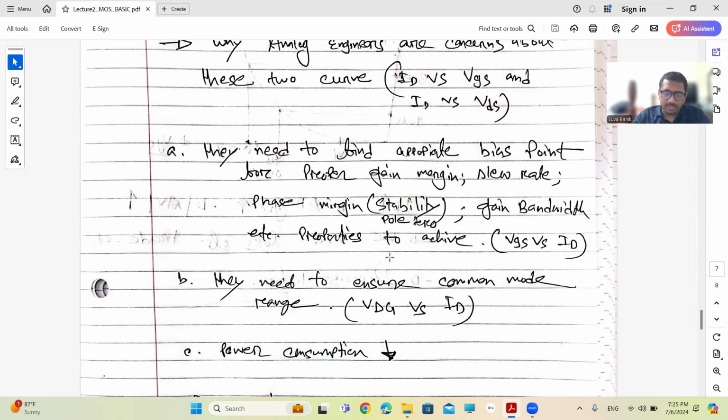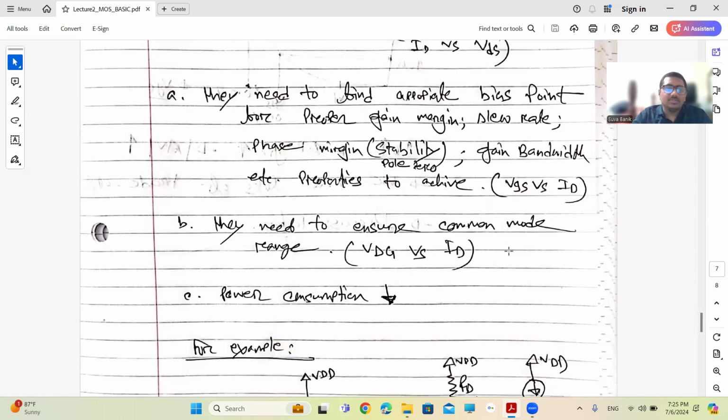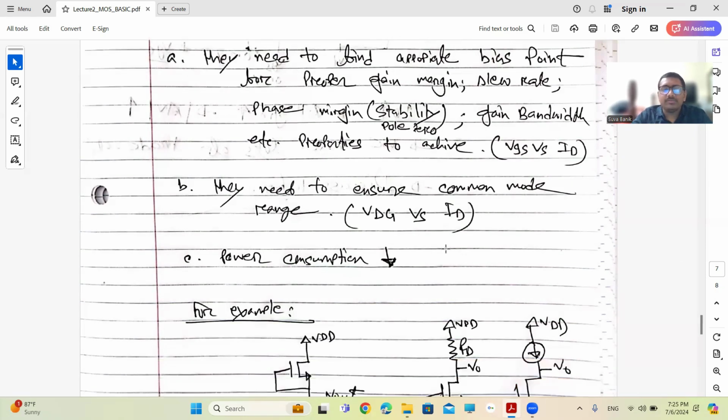And this bias point they can find from this curve, VGS versus ID. As I explained already, we need to keep our transistor in saturation mode, so we have to find this common mode range actually. The terms I am using here, slew rate, gain margin, phase margin, may be unknown for some students or familiar for other students.